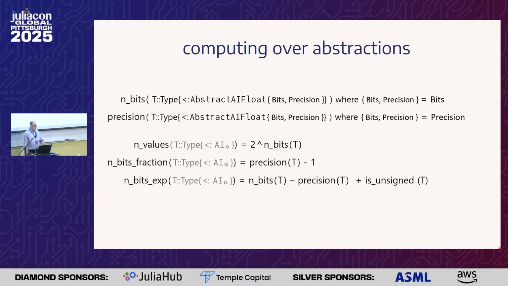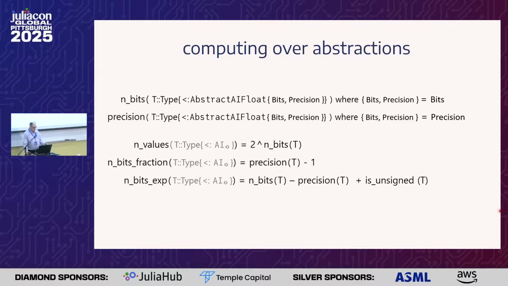What is so very nice about using the abstractions is being able to compute over them, because generally it's a simpler approach, fewer headaches when you can do it and it works. In this case, all of the abstractions for these families carry, as parameters, the bits and the precision. And it turns out that that's certainly enough to derive other critical descriptors of a member of one of the families, and it's enough to get a great deal of the work done.